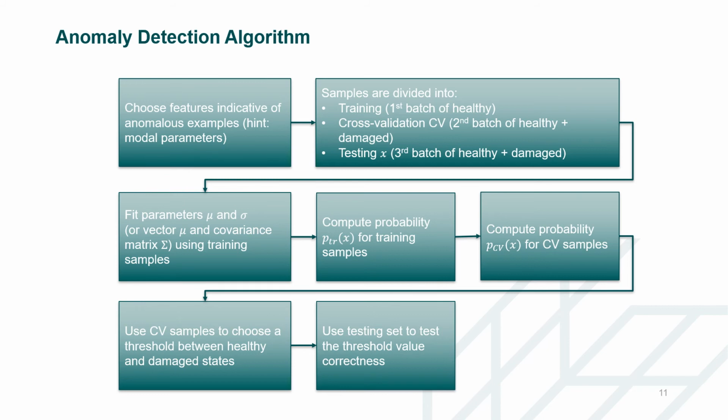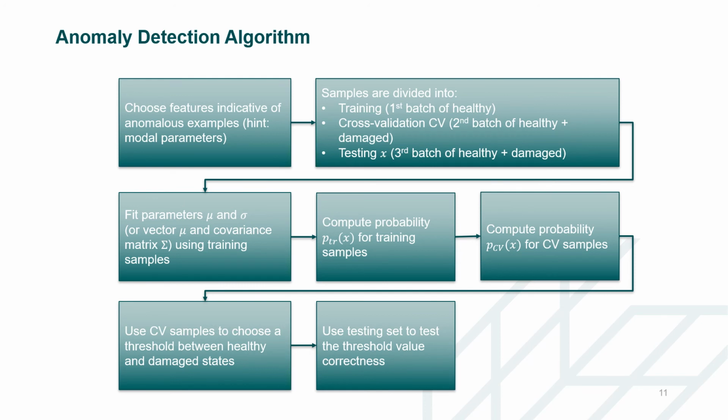Probability is then calculated for the training set, which is marked as healthy reference. Next, cross-validation sample set probability is calculated, where a small amount of damaged samples is present, potentially having significantly different probability. Then threshold is calculated or simply set as 3 times standard deviation as an example.